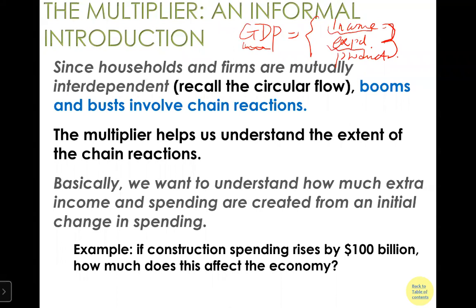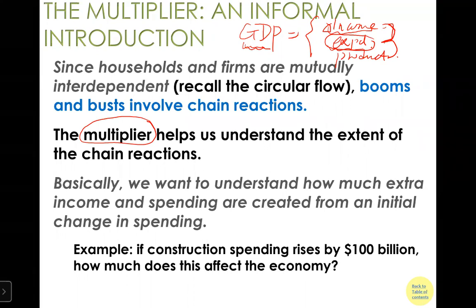Now let's see how consumption is going to vary with income. But eventually we are going to see GDP through the lens of expenditure. Okay, so first thing is the multiplier. So what is the multiplier? The multiplier is an important concept in macroeconomics to understand the chain reaction that happens when the households and the firms interact with each other in the goods and service market.